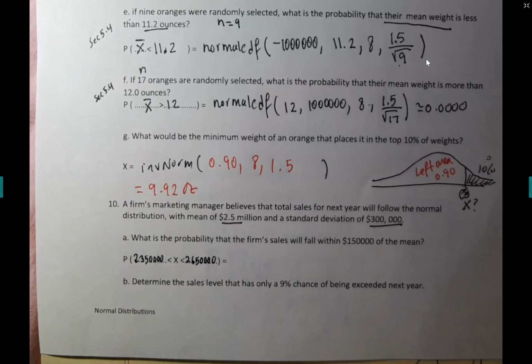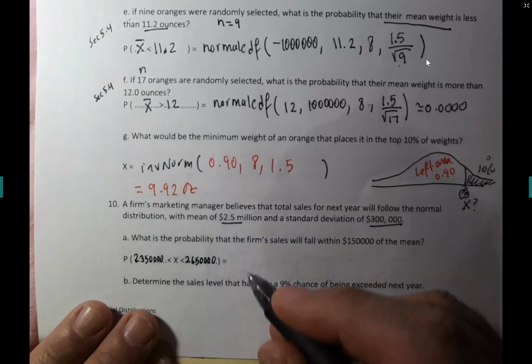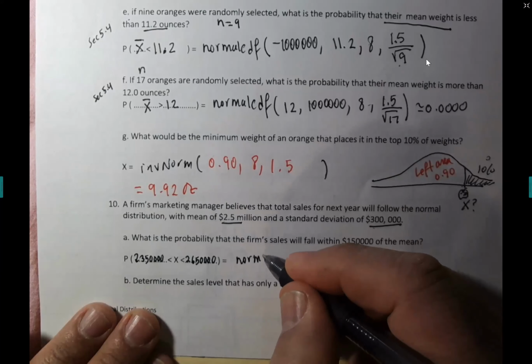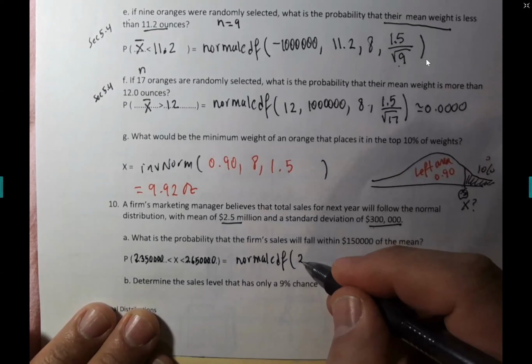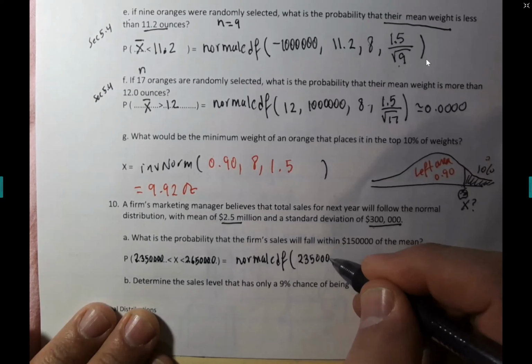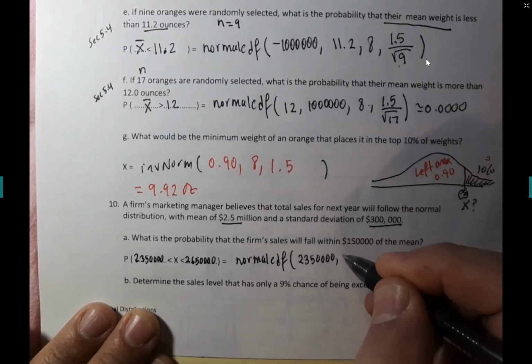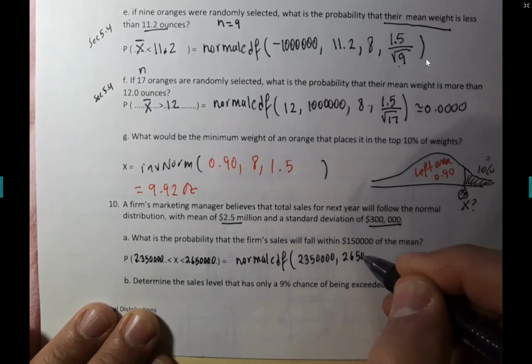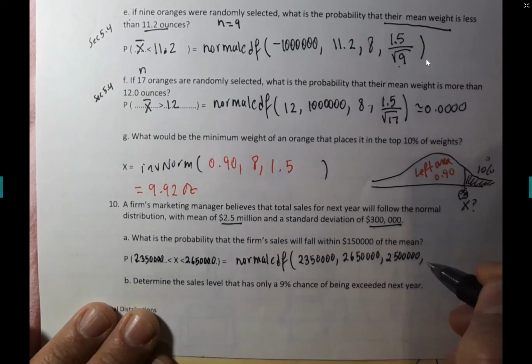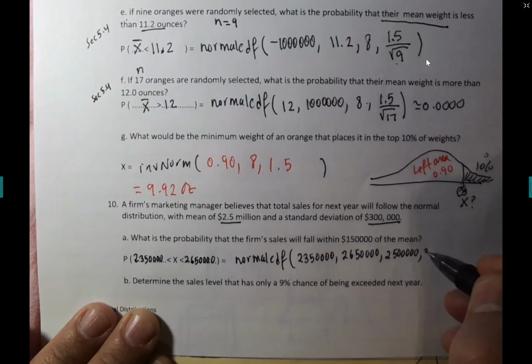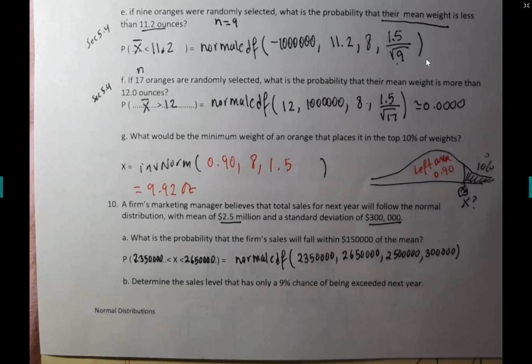And now you can just easily use normal CDF, guys, for this one. Normal CDF, 2,350,000, 2,650,000. The mean is 2.5 million, 2,500,000. You have to put it in thousands because this is in thousands also. And then 300,000 for the standard deviation. And then you can compute the answer.